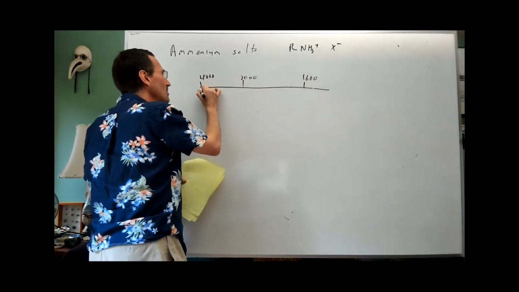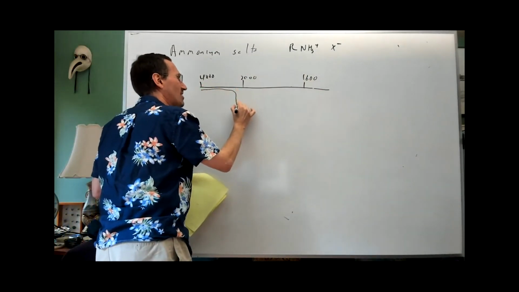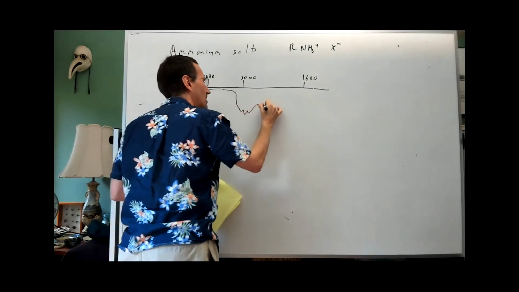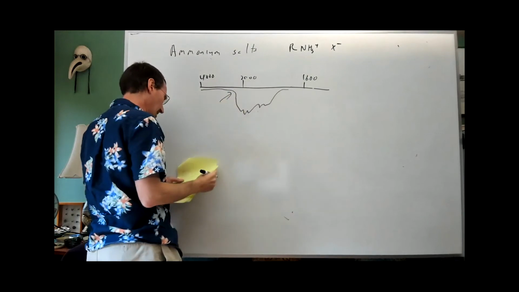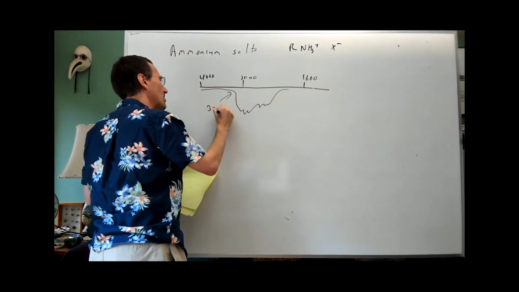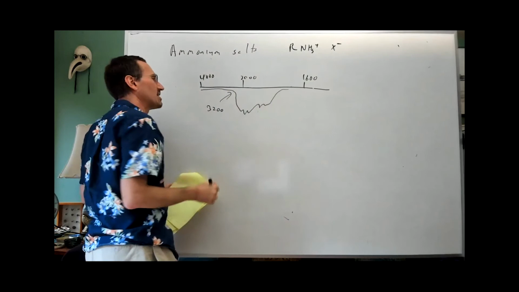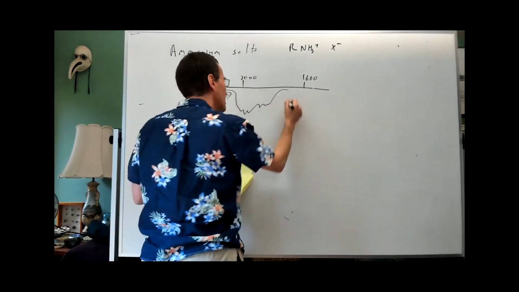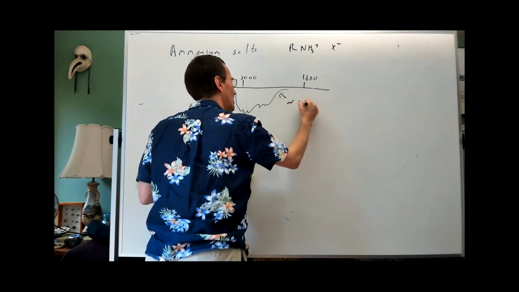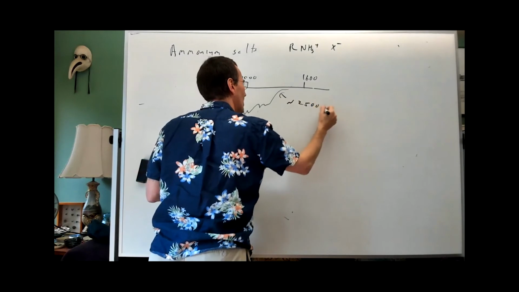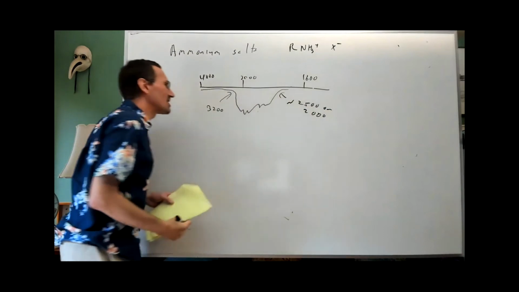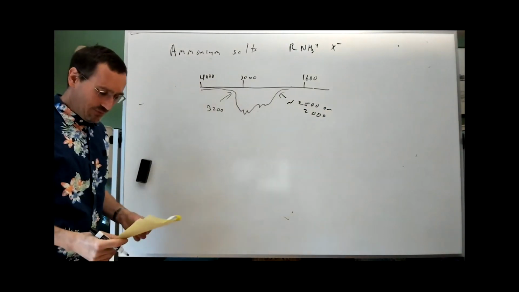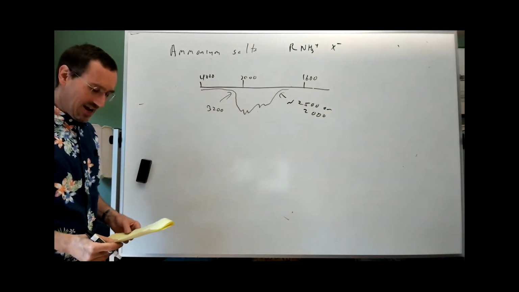So it's the same sort of thing of this big, fat, broad band with maybe some features. But now you're probably picking up about 3,200 and getting onto this whole band. And then you're going to go down maybe to 2,500 or 2,000, somewhere around there. And it is just not pretty in the IR spectrum.